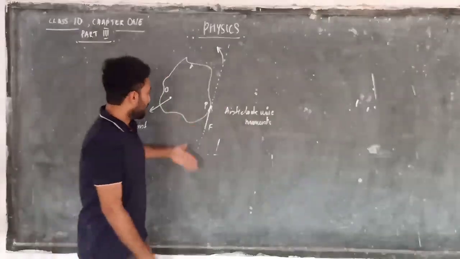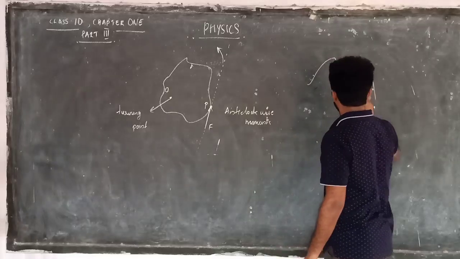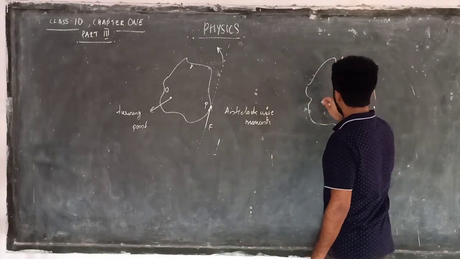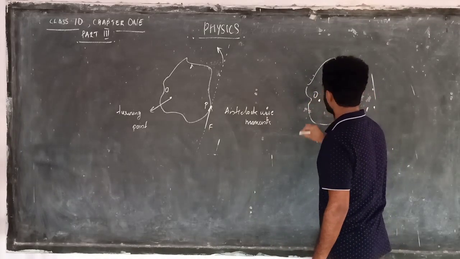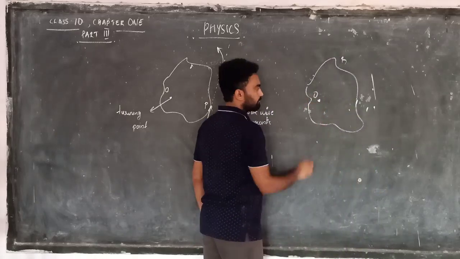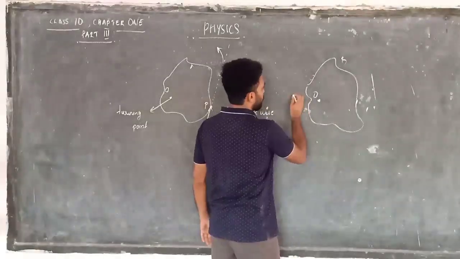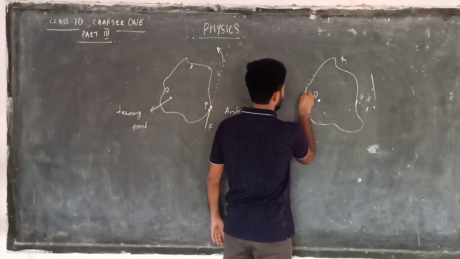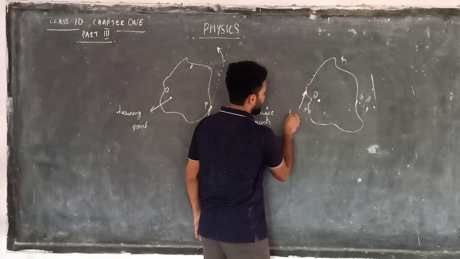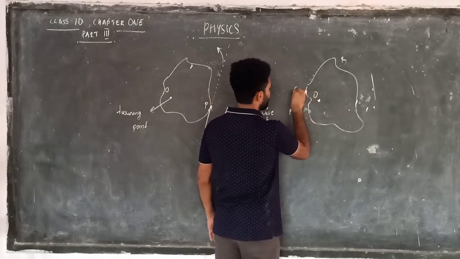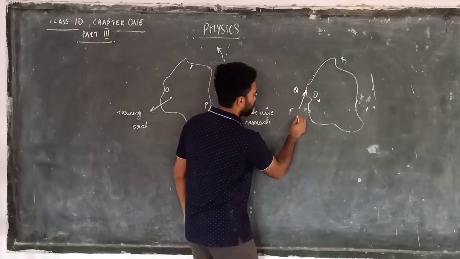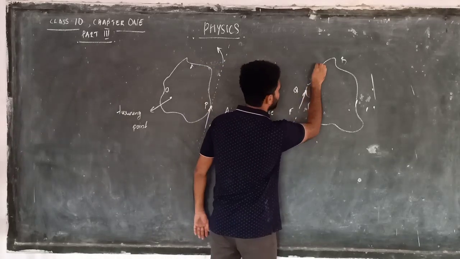In the same manner, consider another case, call it B. Let's consider a point here. Let's call this O, the turning point, and we apply a force. We are applying a force F at the point Q, and the line of action of this force is in this direction.